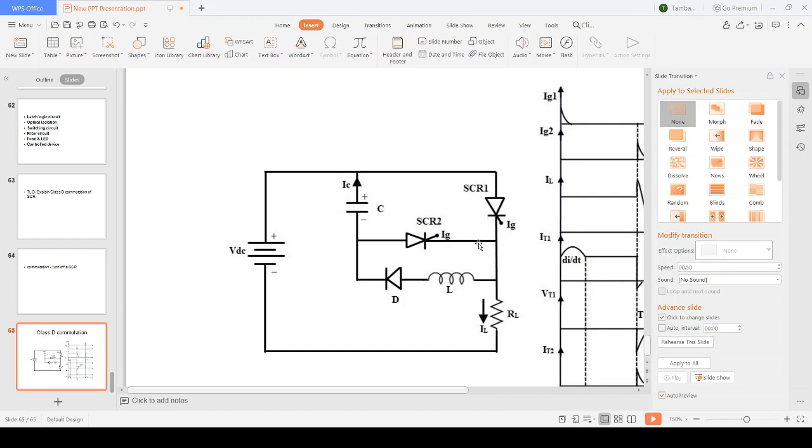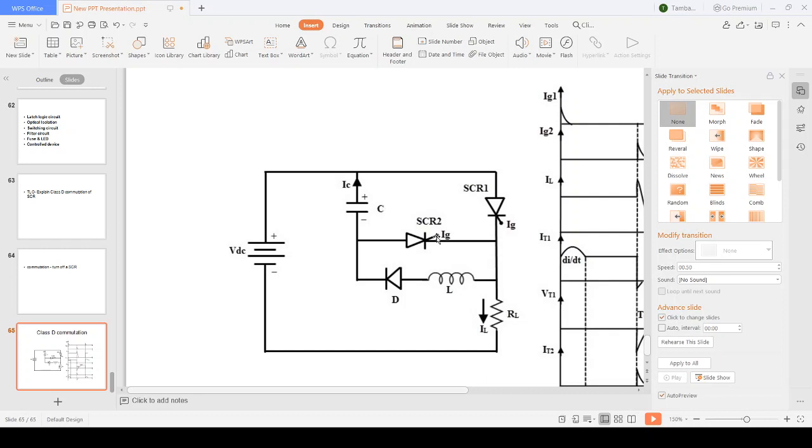Now SCR is turned on. Turn on means current will flow through this SCR. There are various methods to turn on the SCR. For example, by applying gate pulse or gate current to the gate terminal, you can turn on the SCR.